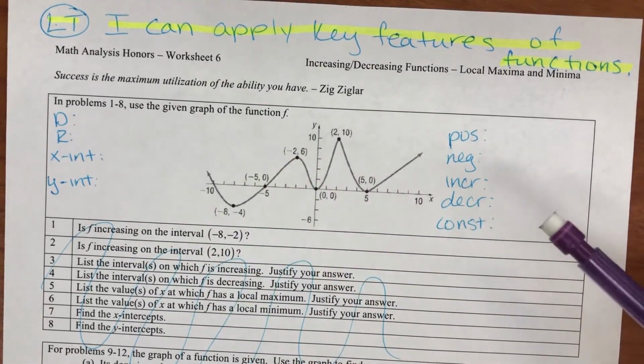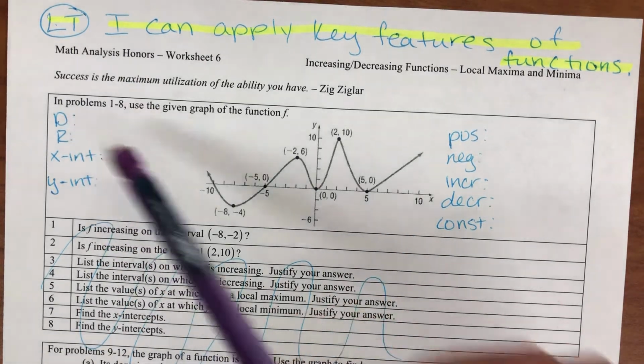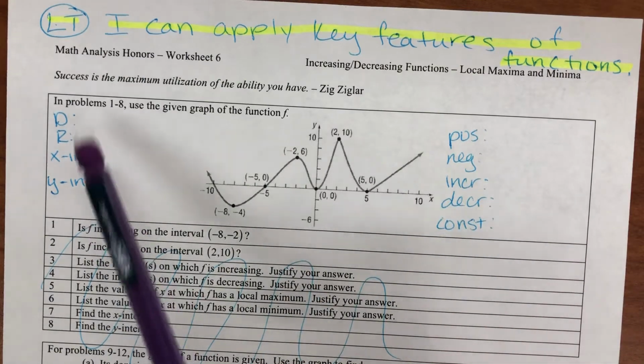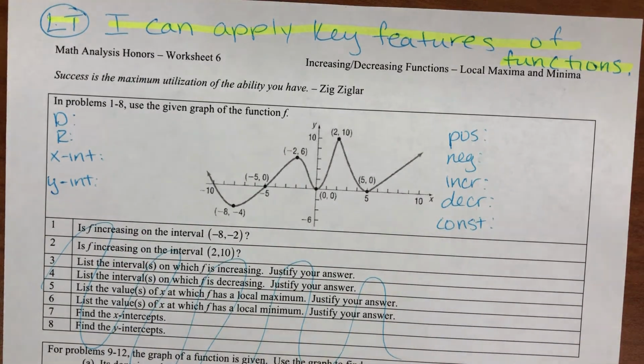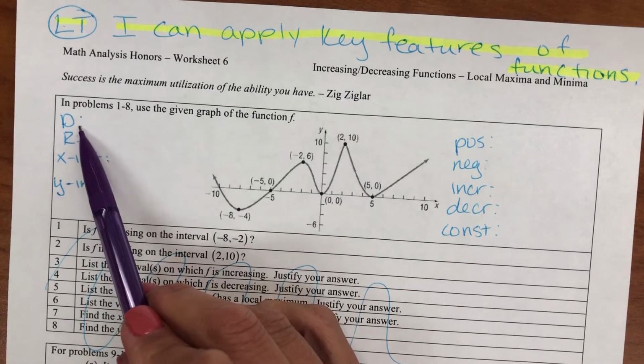to the graph. So for this worksheet, ignore the instructions and just look at each graph and do all these key features. So let's work through a few examples. First, we have this one. We're going to start with domain.